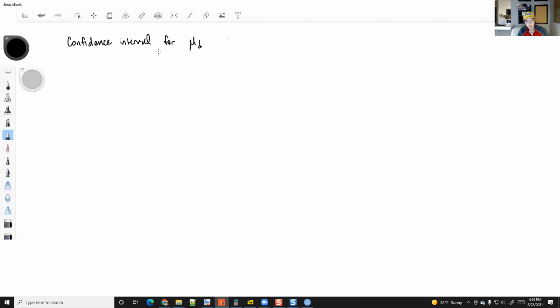Confidence interval for mu d, the mean difference, as opposed to a confidence interval for mu1 minus mu2, the difference between means.